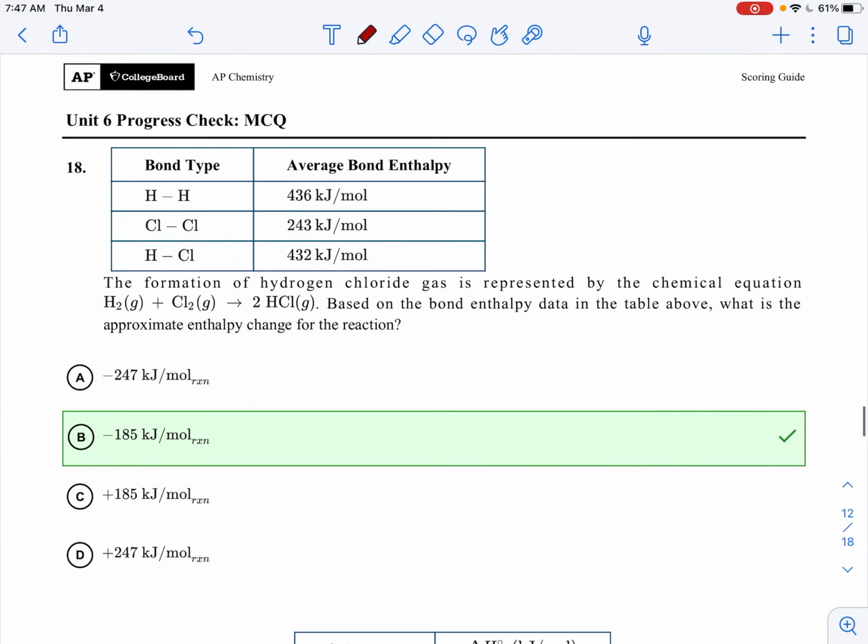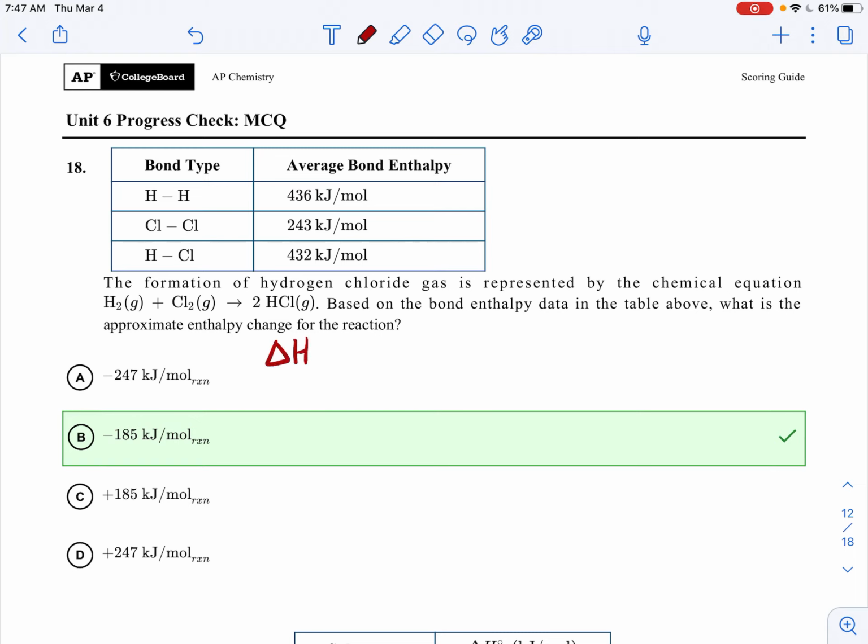Now number 18, it says the formation of hydrogen chloride gas is represented by the chemical equation H2 plus Cl2 yields 2HCl. Based on the bond enthalpy data in the table above, what is the approximate enthalpy change for the reaction?